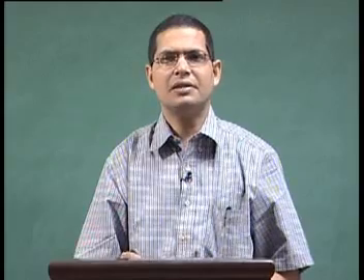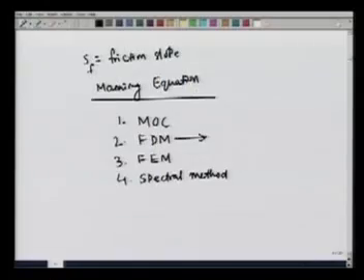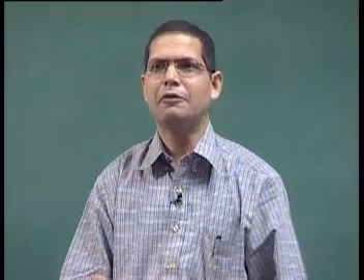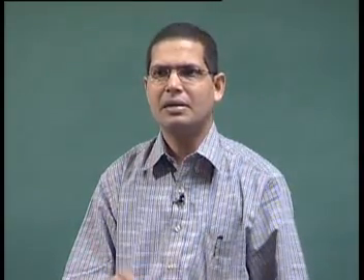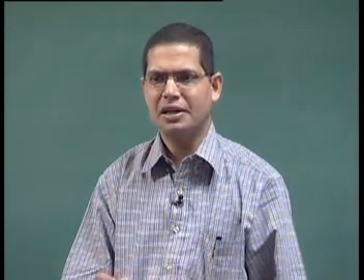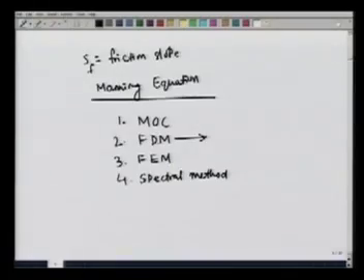However, our discussion is limited to this finite difference method. You know this method of characteristics, this is generally used in pipe flows, but in channel flows we generally use finite difference method. So, let us consider finite difference method. I will explain here one explicit method and if time permits one implicit method.